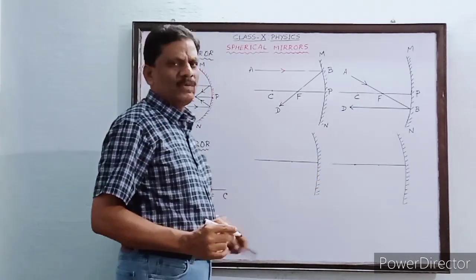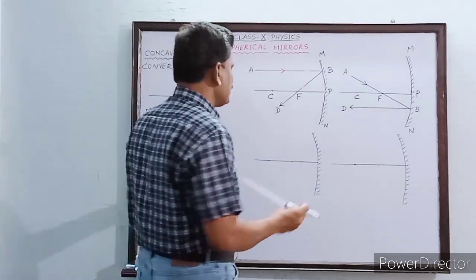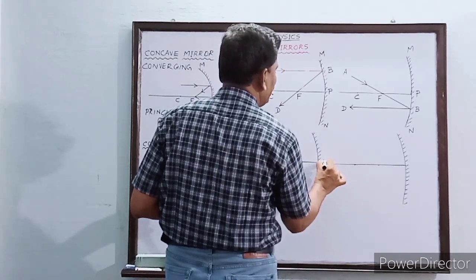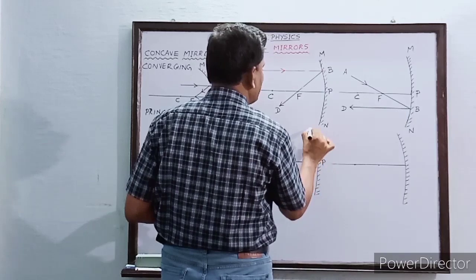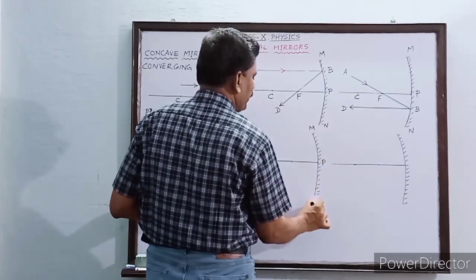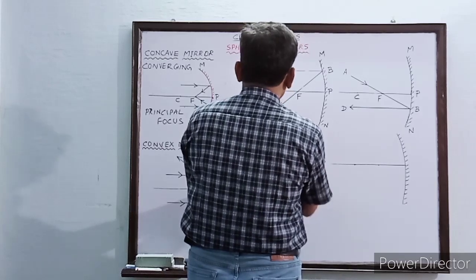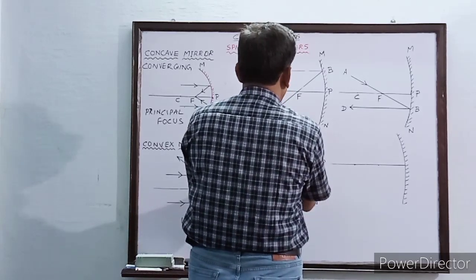Now one more picture, let us take that. What will happen if the incident ray is falling at the point P itself? On the mirror MN, I will take an incident ray which is falling at the pole.